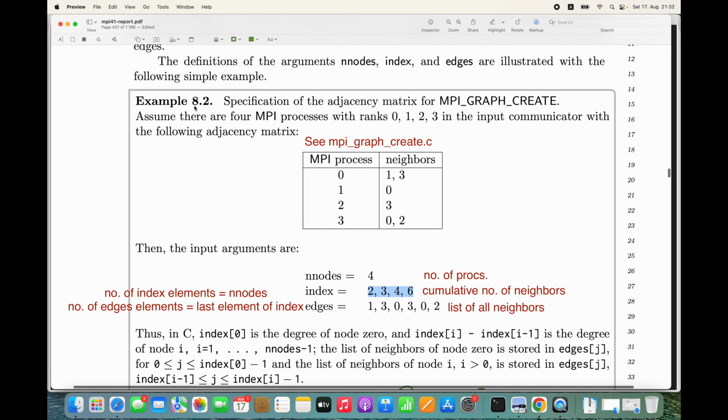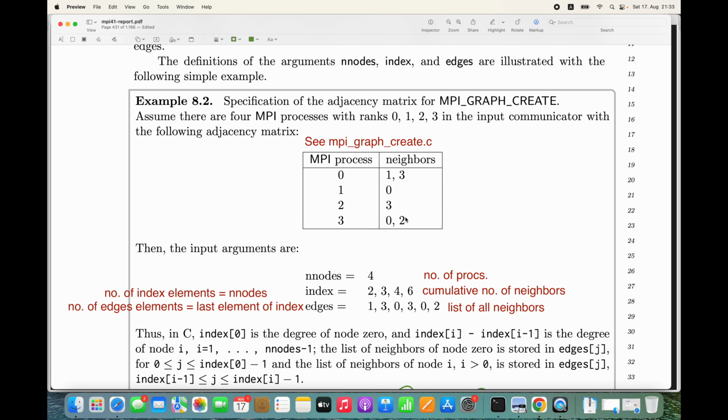Imagine this example 8.2 that we have 4 MPI processes, 0, 1, 2, 3, and process 0 has neighbors 1 and 3. Process 1 has only one neighbor, and that is process 0. Process 2 has only one neighbor, and that is process 3. Process 3 has 2 neighbors, process 0 and 2.